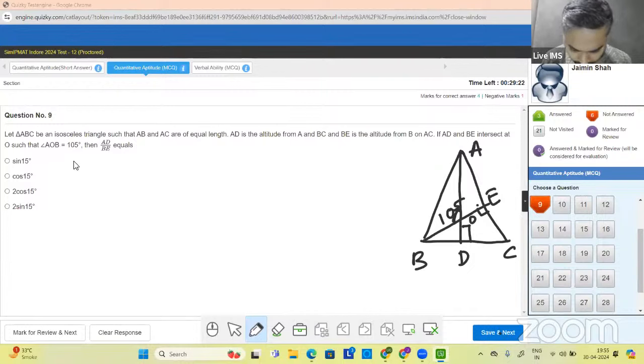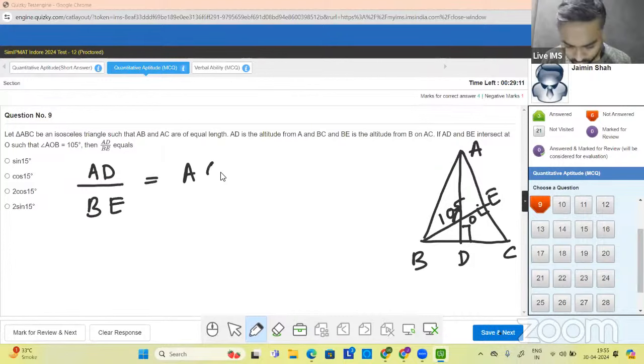Okay, so what I can do here is that AD upon BE perpendicular is equal to AC upon BC, the hypotenuse.